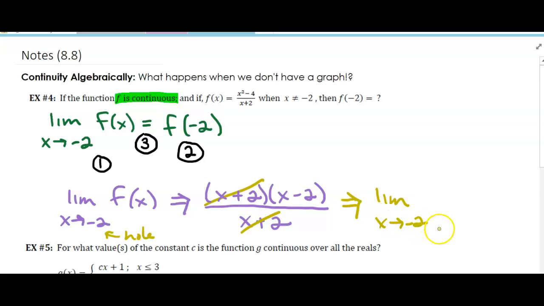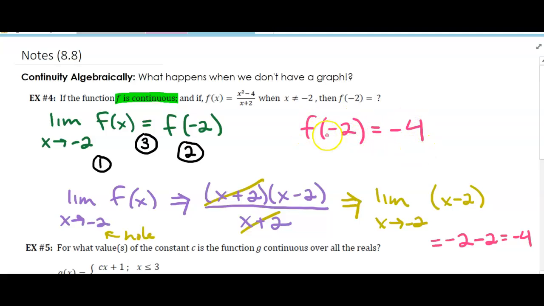As we've talked about, with our simplified function, we'll be able to find the limit as x approaches negative 2. When I do that direct substitution, I get the limit is equal to negative 4, and because of the definition of continuity, which we have written over here in green on the left, we now know that f of negative 2 is equal to negative 4. So we have found that function value.